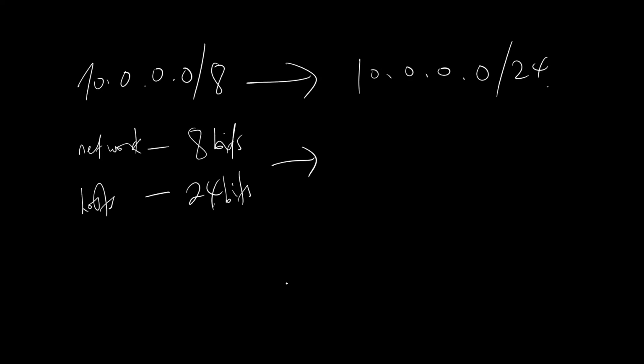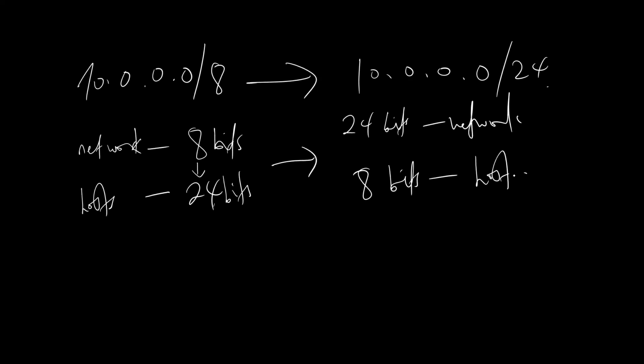After borrowing, we borrow 16 from our host. That means we now have 24 bits being used for the network, and we now have 8 bits being used for the host. We've borrowed 16 from this initial network.